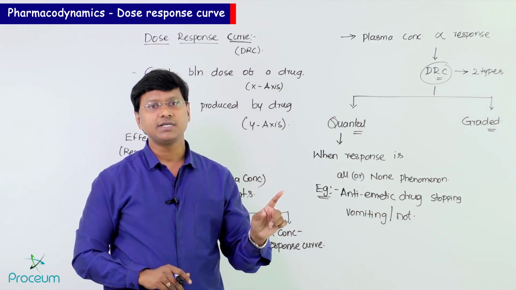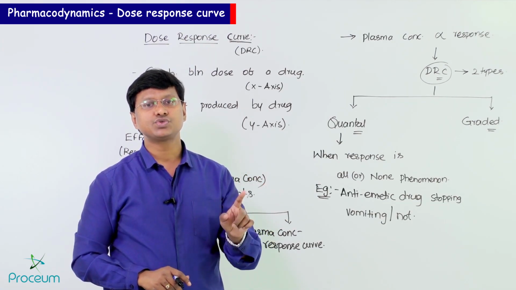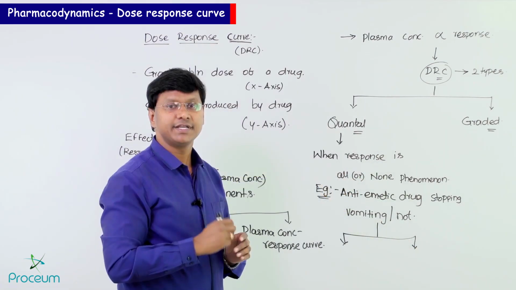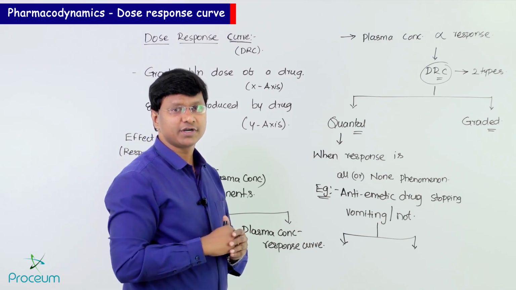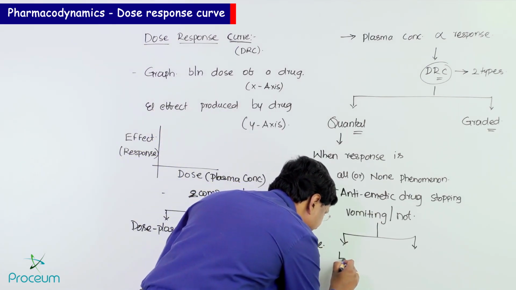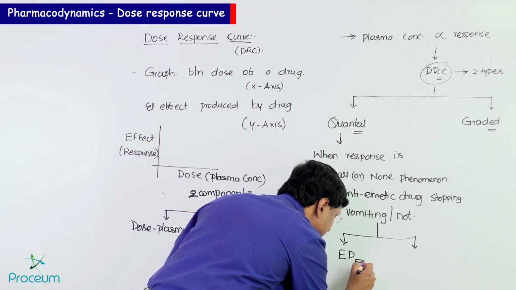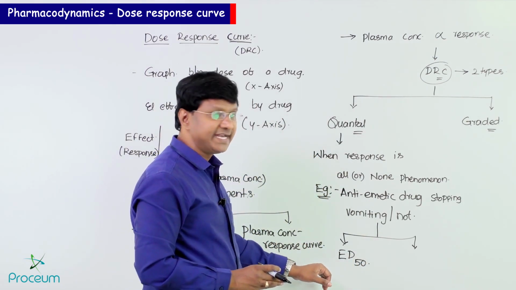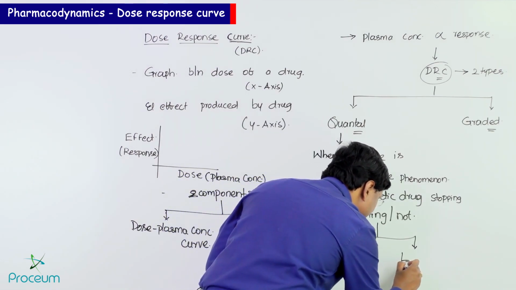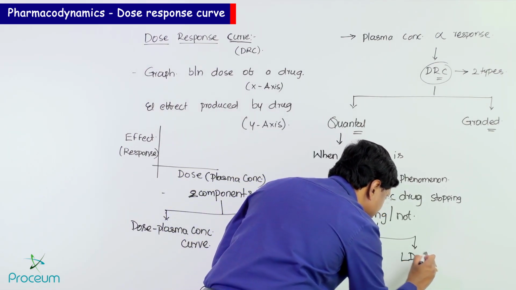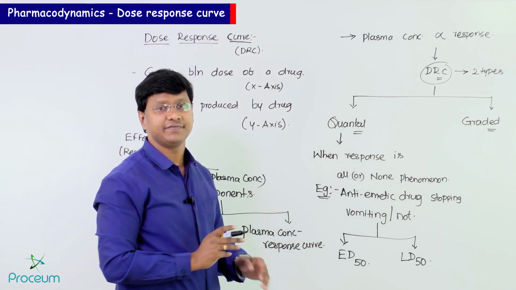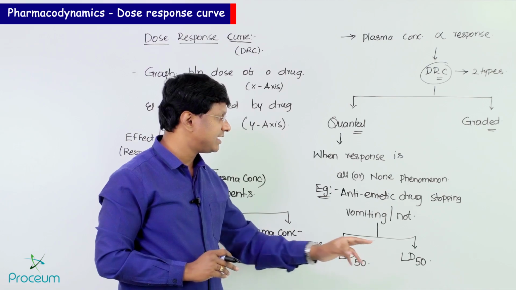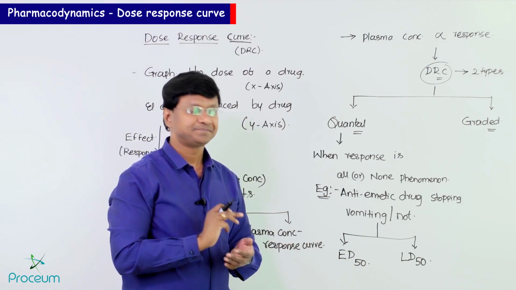Now this Quantal dose response curve is used to calculate two important phenomena, one is ED50 and the other one is LD50. I will tell you what this ED50 and LD50 are. Take ED50 first and later let me discuss LD50.